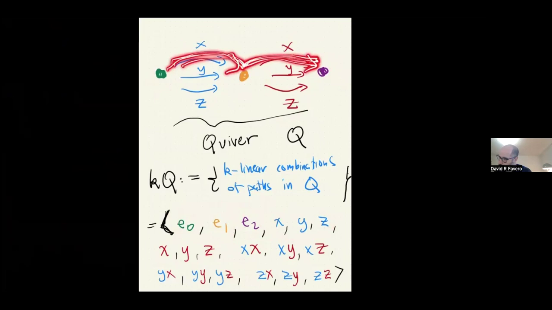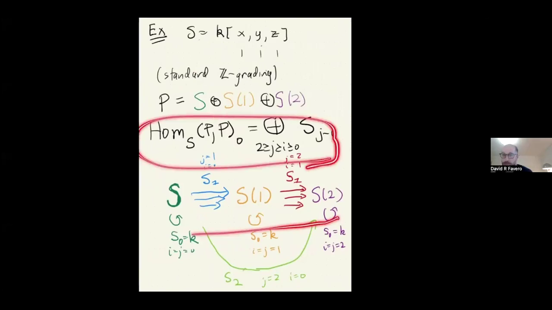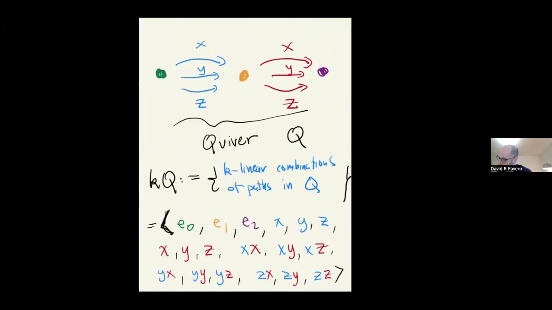I can take this total path along these directed arrows, XX, XY, XZ, or I can do them in some other order. Okay, that's KQ. But this is larger than the dimension of this endomorphism algebra. Okay.